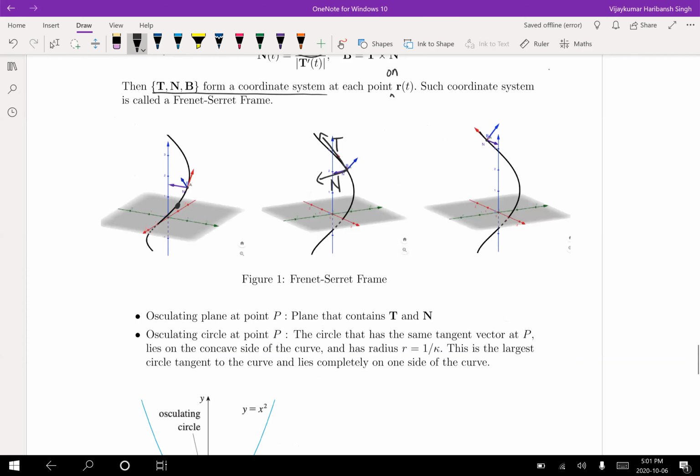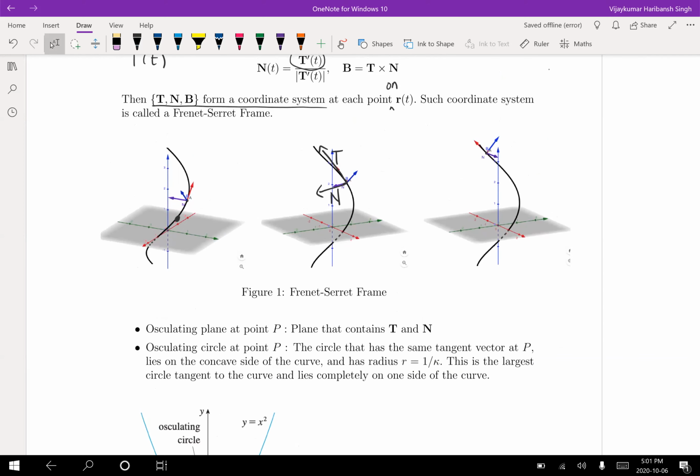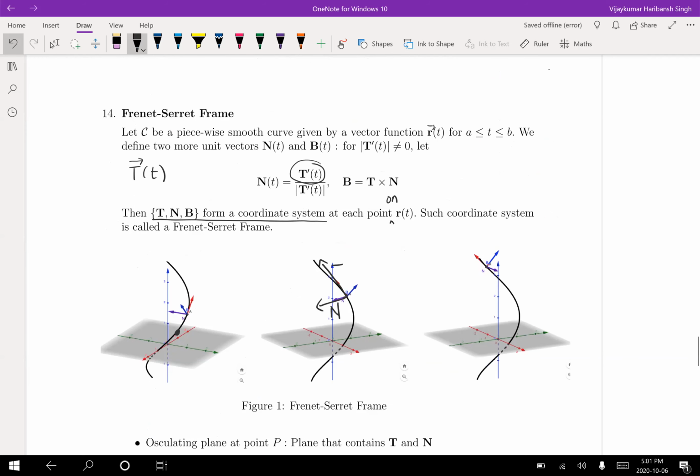Okay. So now there are a few more interesting objects. The osculating plane at point P is the plane which contains T and N. So if we have a plane containing T and N, here for example, you have T and N. Tangent is this red one, normal is this other one here.